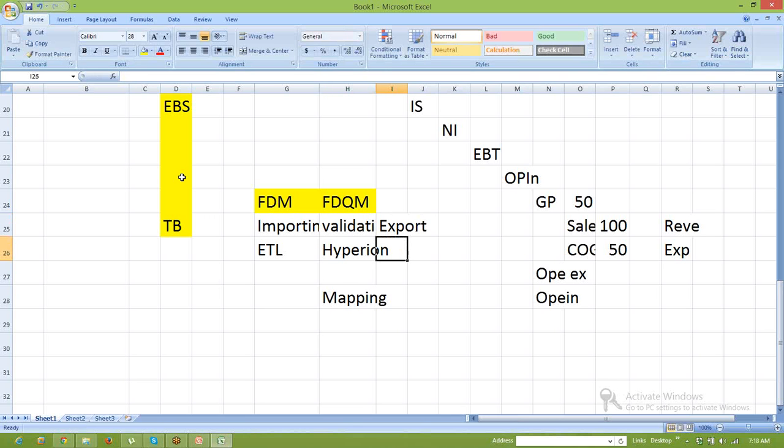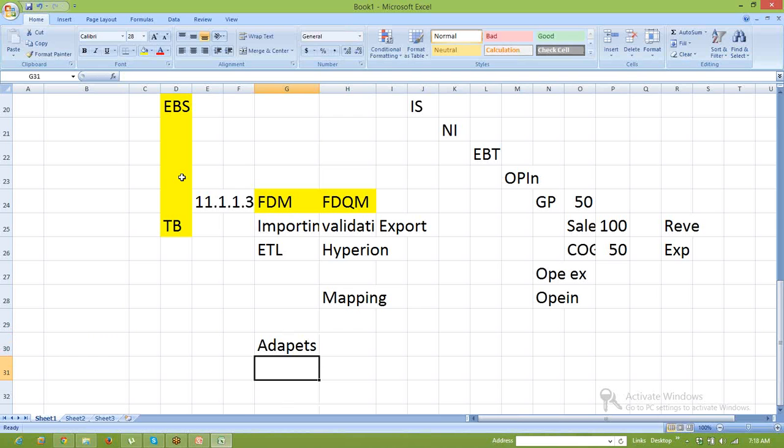In the old version, like 11.1.1.3.500, we use the FDM application, the FDQM application. There you need to use adapters to provide the connection between your HFM application and the FDM application.